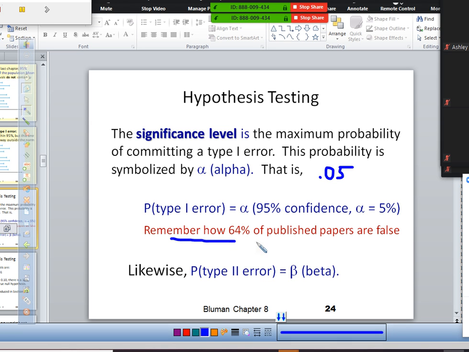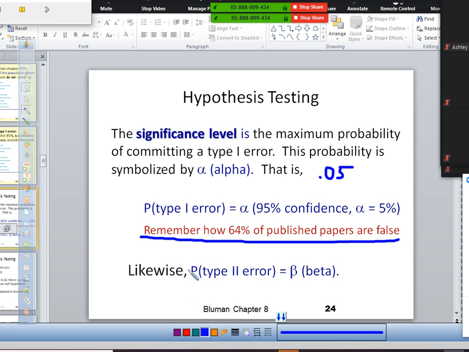If you remember back how 84% of published papers are false, it's because thousands of people did all these experiments, and 95% of them got nothing unusual and did not write a paper. 5% of the people happened to randomly get an unusual sample without knowing it, and they wrote a paper because they're like, oh, look, I got something unusual. This is great. But you can't reproduce it because what they're stating wasn't really true. It's just that they had an unusual sample.